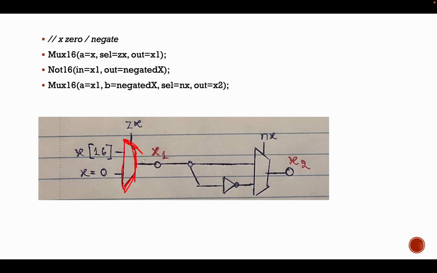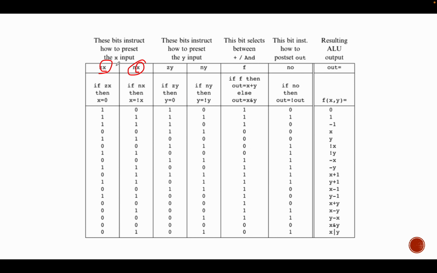That means if ZX is true, then the result would be 0, and otherwise we would just keep the initial input and output it back. The output from the first multiplexer, we name X1. So X1 is the output from the first multiplexer. That is basically the answer to the first column over here, which is ZX.